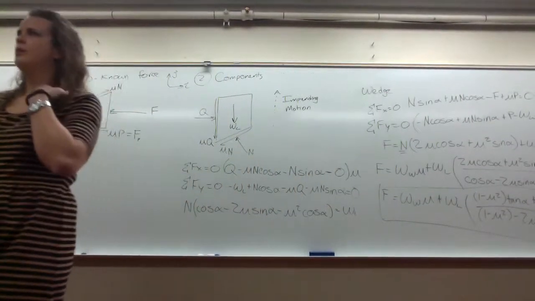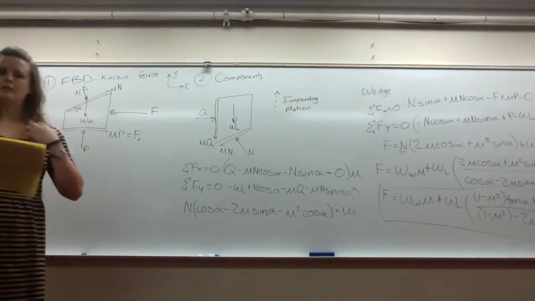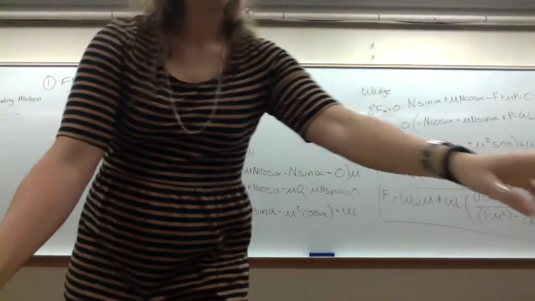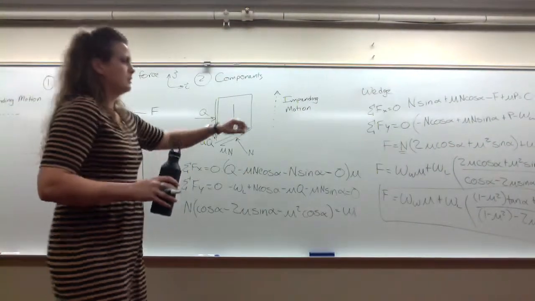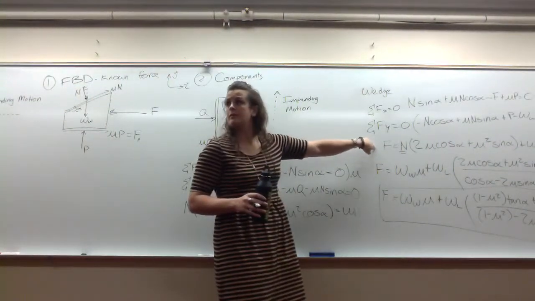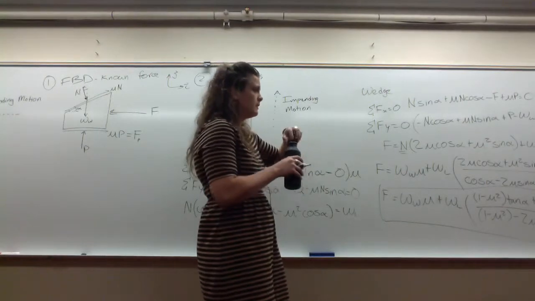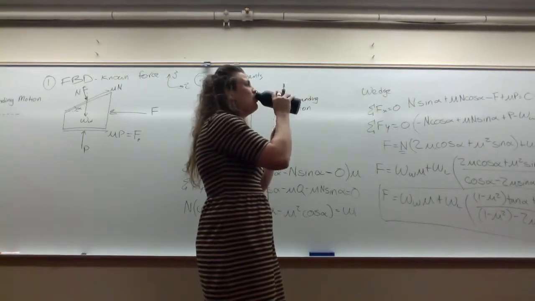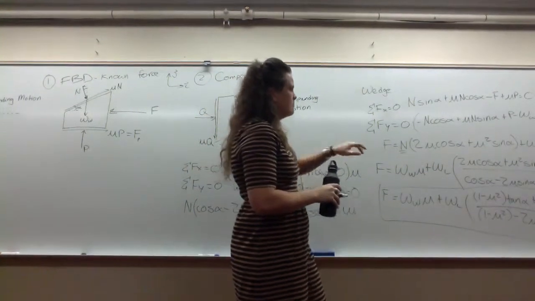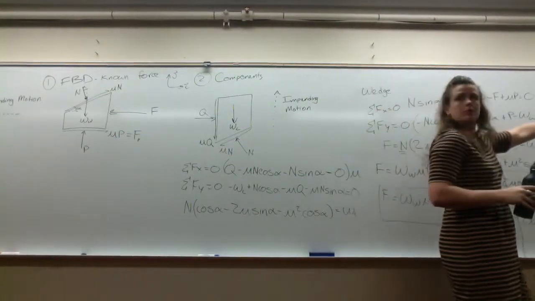Yeah, Jack? The equation that is two above the one that you just wrote. You did that one by subtracting some of the forces in y from some of the forces in x. Yep, we multiplied the y times mu.